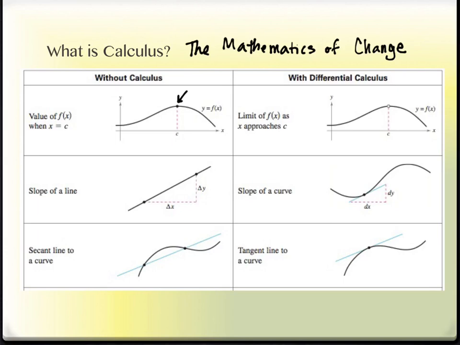But with calculus, we can find the limit of a function as it approaches a value. If there's a hole in the graph, like you can see on this one, we can still find that value. If you tried to find that value with pre-calculus, your calculator says error or invalid domain, things like that. But with calculus, we'll be able to find limits.